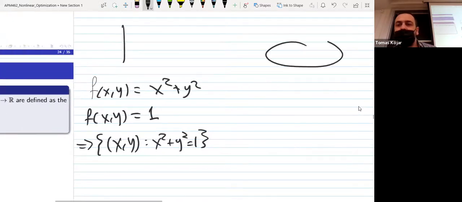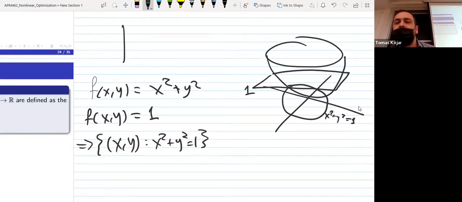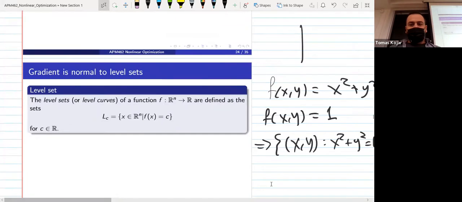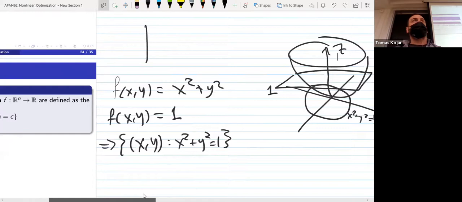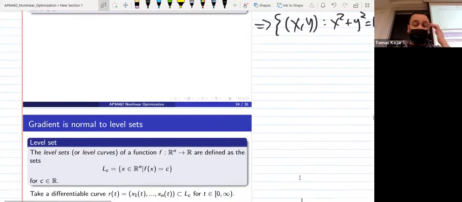So we have this parabola, and if you go on the unit circle, x squared plus y squared equals 1, this gets mapped to the value 1. It has height 1. Is that okay? Okay.